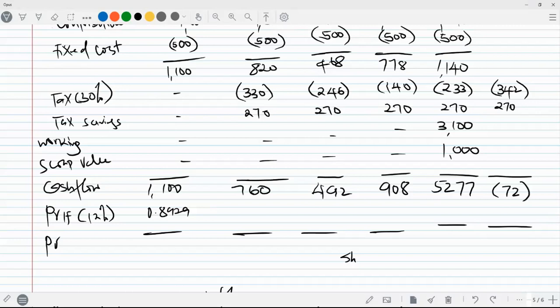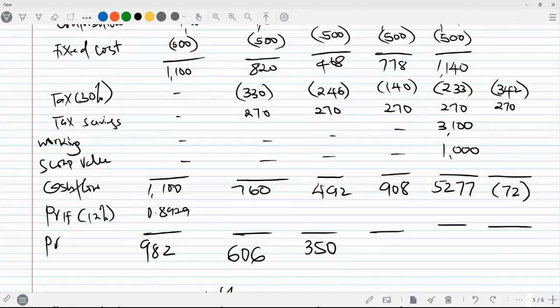Now the present value factors. You can ignore the decimal. Year 1, 982. Year 2, 606. Year 3, 350.